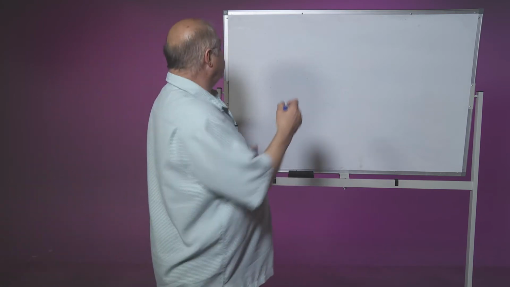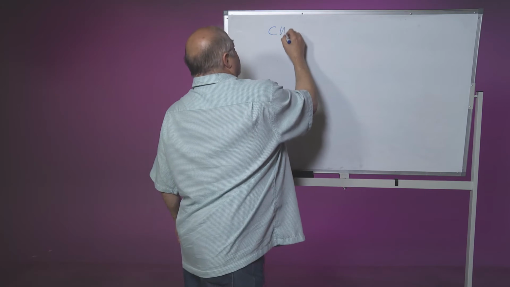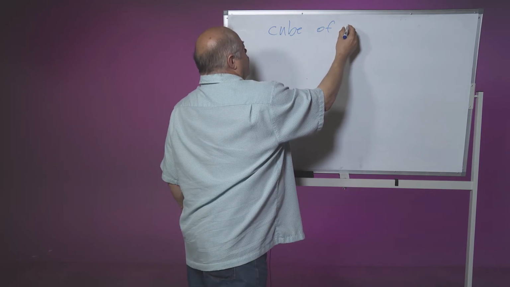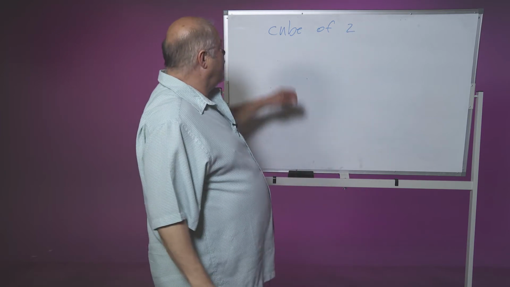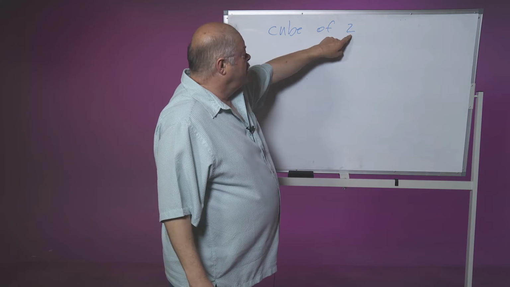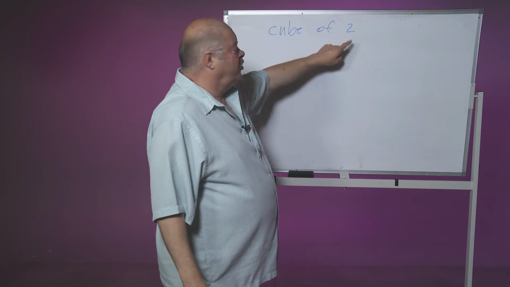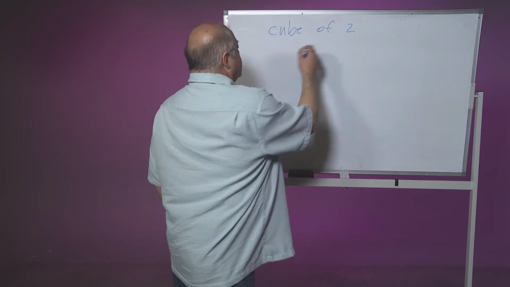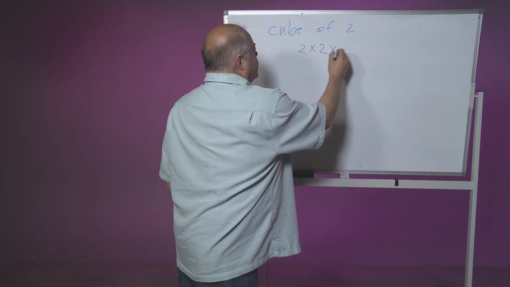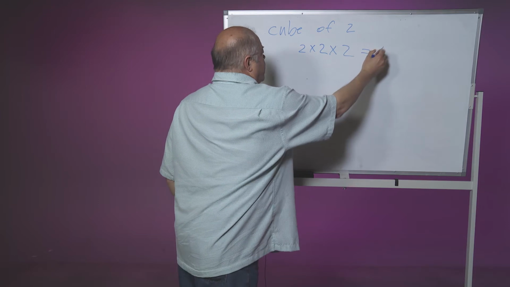If a test says, what is the cube of 2? What that means is 2 times 2 times 2, 3 times. So the cube of 2 is 2 times 2 times 2, which is 8.